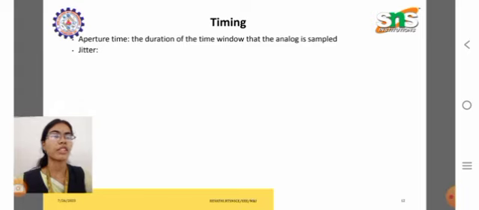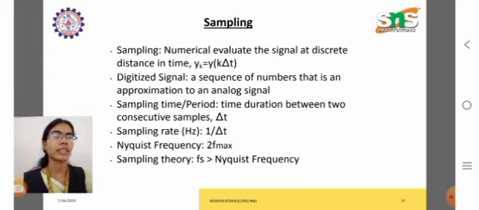Timing. Aperture timing. The duration of the time window in which the analog signal is sampled. Filters. Sampling. Numerically evaluating the signal at discrete instants of time. Digital signal. Digitized signal. A sequence of numbers that is an approximation to an analog signal. Sampling time or period.